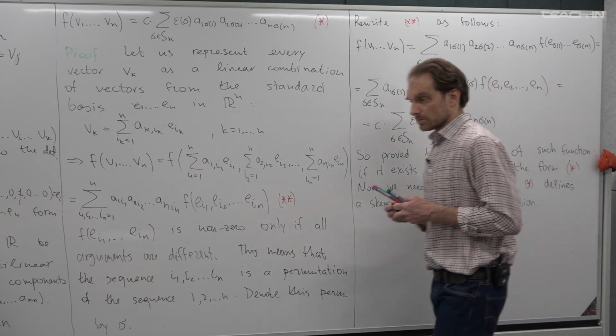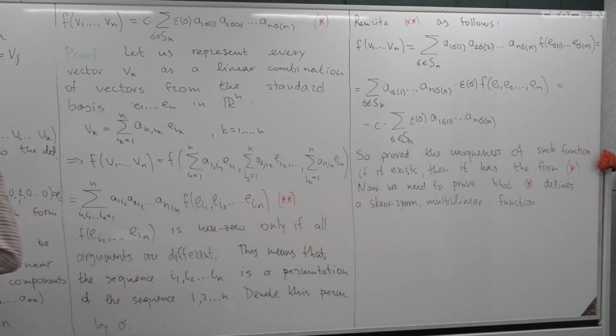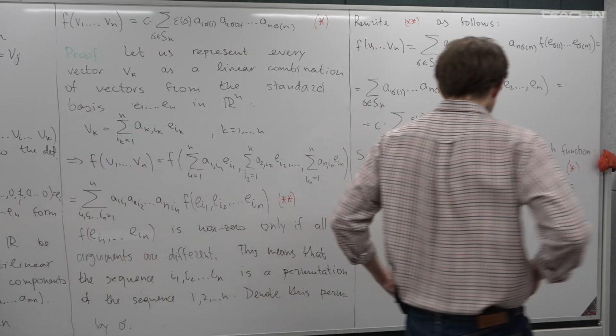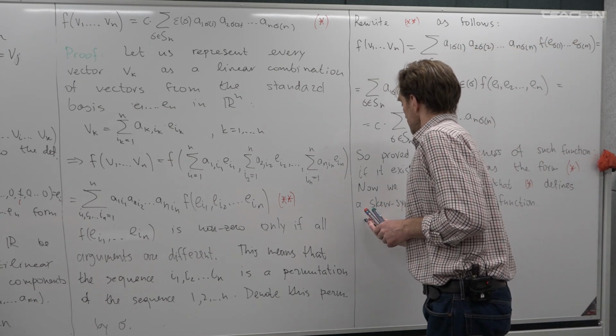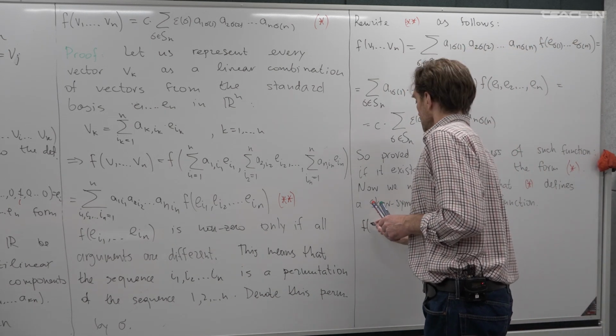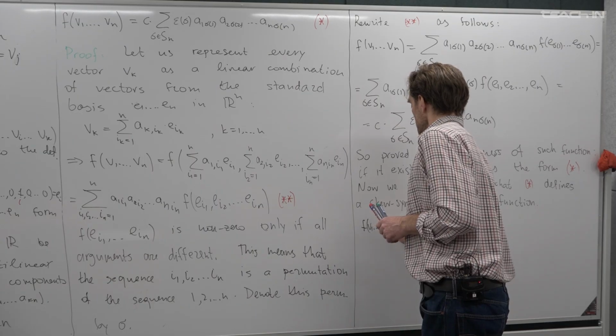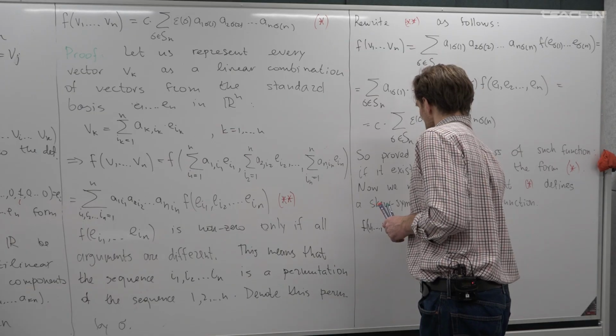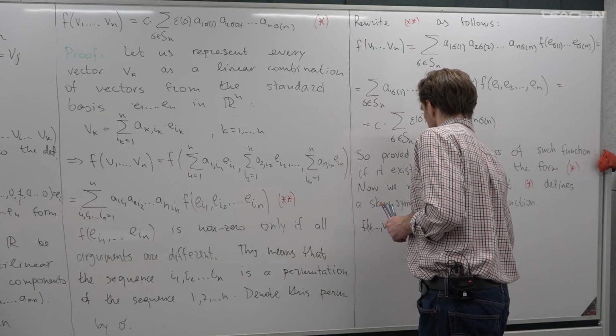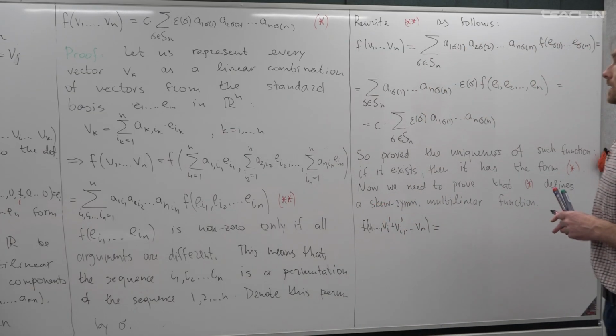Okay, so first we will check the linearity. So f of v1, etc., v sub I prime plus v sub I double prime, and so on v sub n. What does this mean?